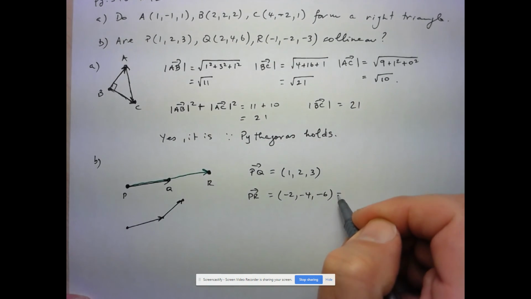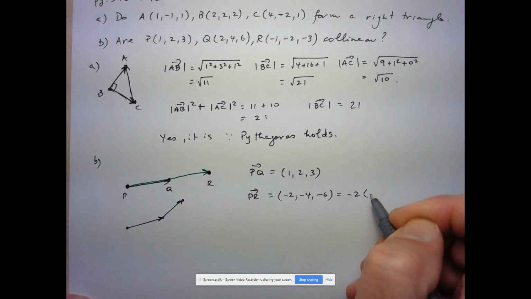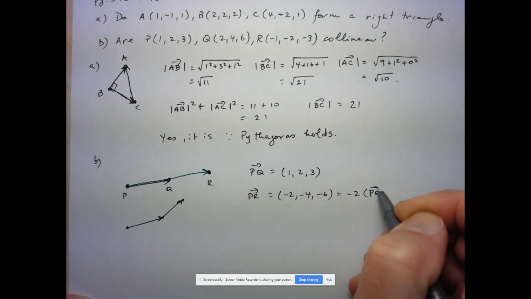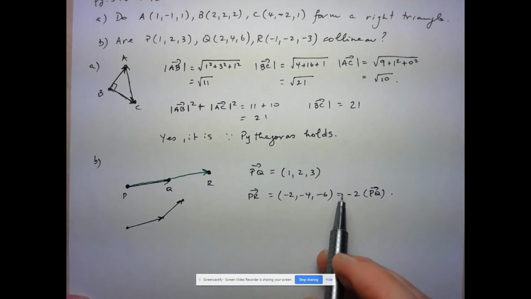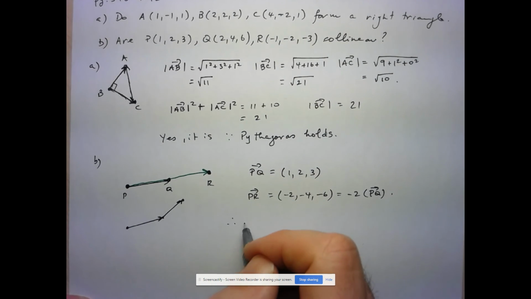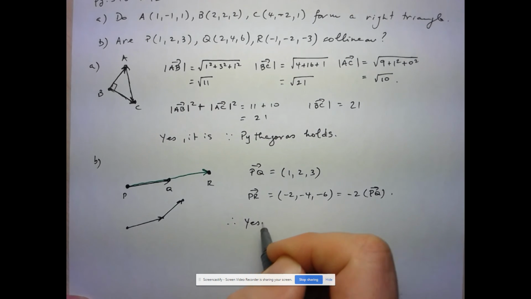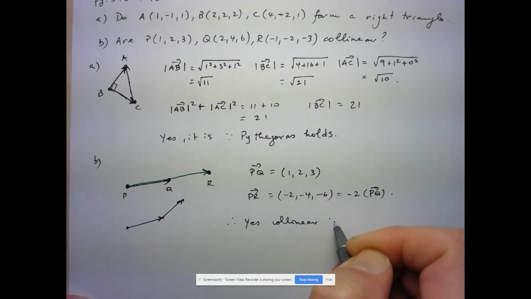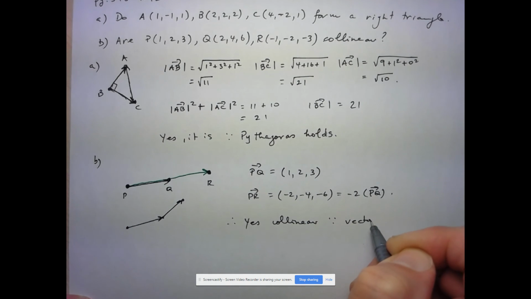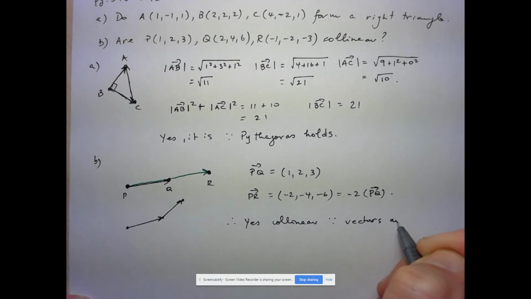I see that PR is just negative 2 times the vector PQ. So we've shown that they're scalar multiples of each other, hence yes, they are collinear, since the vectors are parallel.